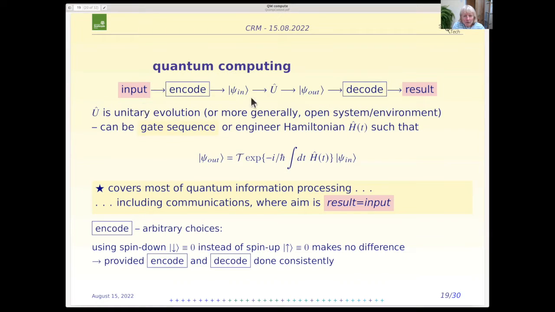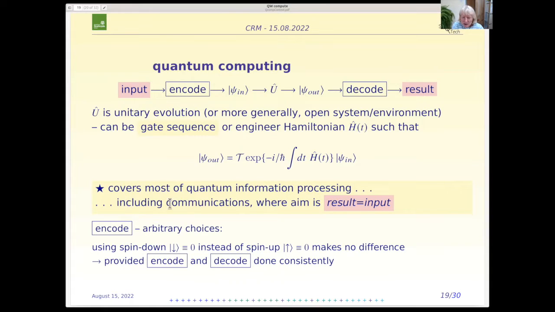This U for my quantum computer, it could be a sequence of quantum gates, or we can engineer a Hamiltonian such that the output is the time evolution of the Hamiltonian applied to the input. This picture, it covers most of quantum information processing.